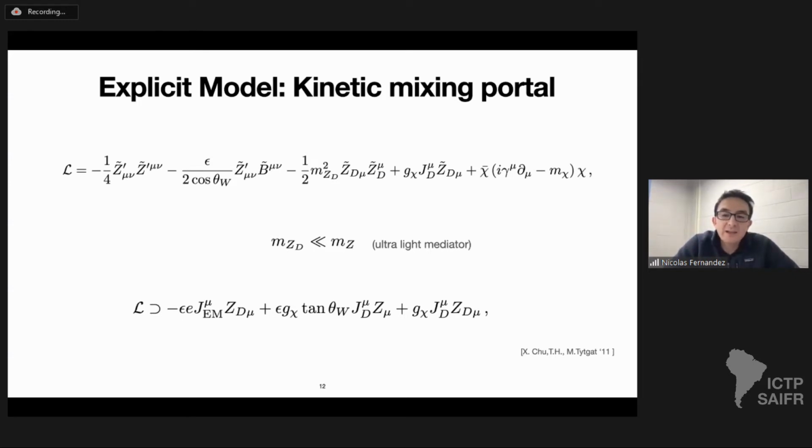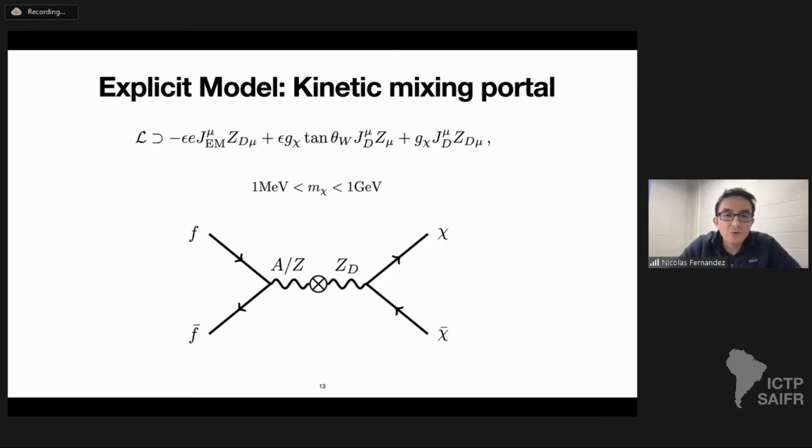The way that the hidden sector talks with the standard model is through a kinetic mixing with the field of the hypercharge. Because I'm thinking about freeze-in, I want the ultralight mediator. When you rotate the fields and select which one is going to be the photon and which one the dark photon, your Lagrangian is going to be of the following form.